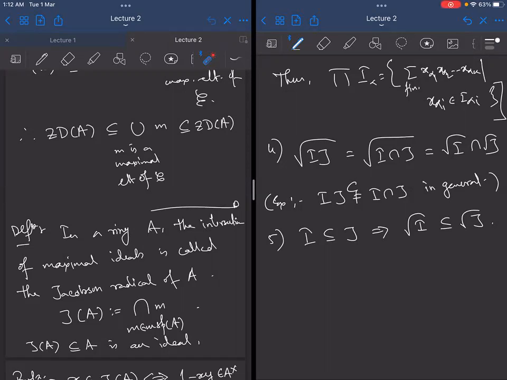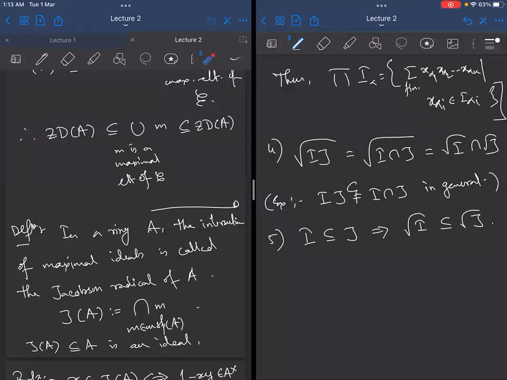For the other one, radical of I intersection J is contained in radical I and radical J, therefore it is in the intersection. Now if you take some x from radical I intersection radical J, suppose x power m is in I and x power n is in J. Then x power m plus n is in both I and J, and therefore x is contained in the radical of I intersection J, thus proving the fourth property.